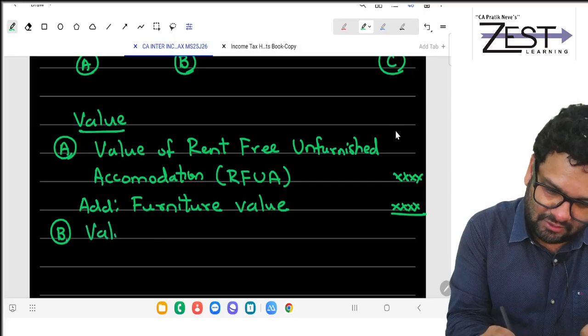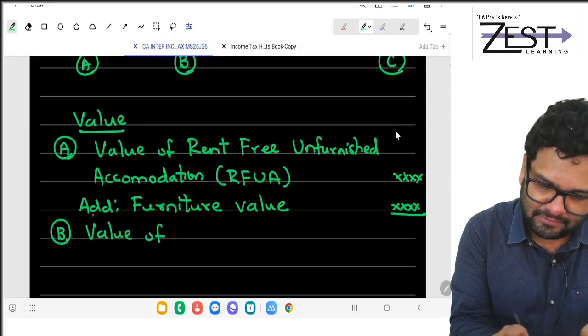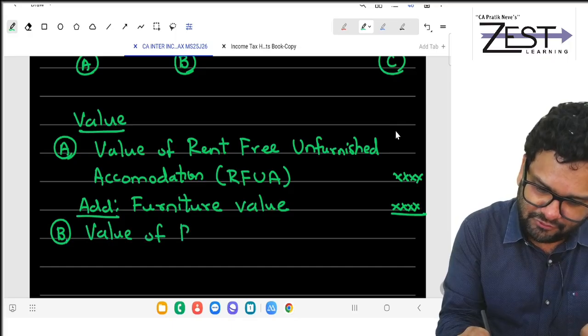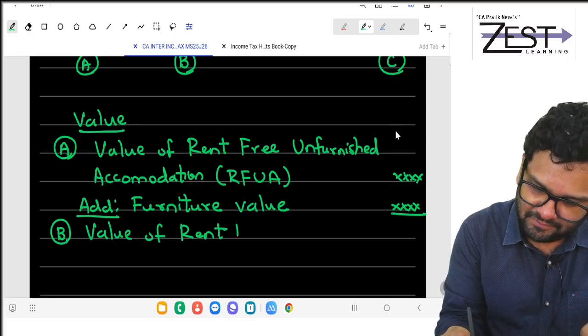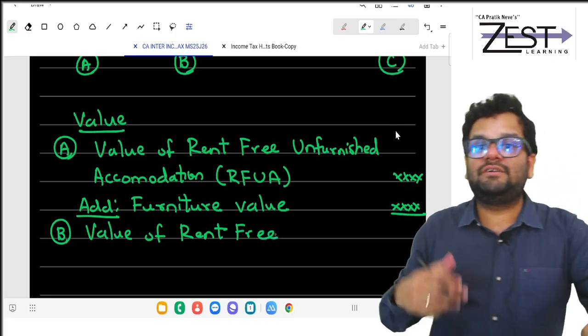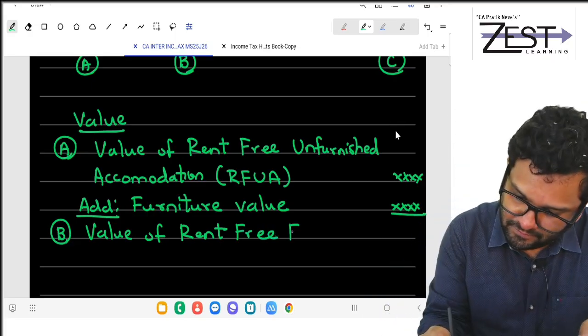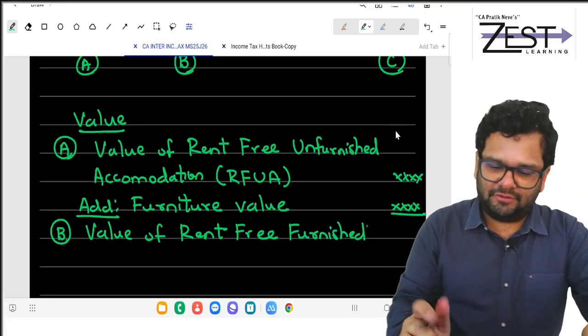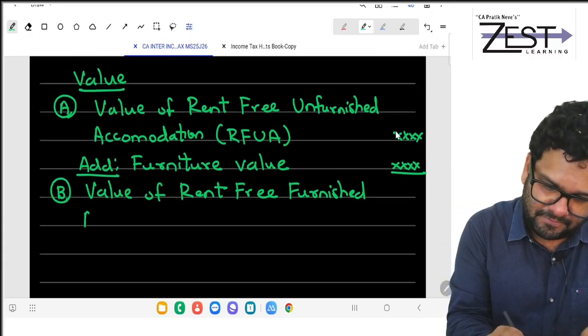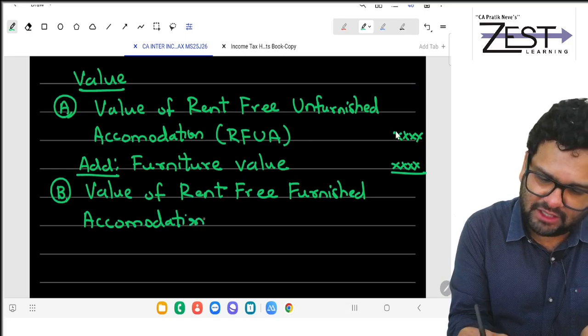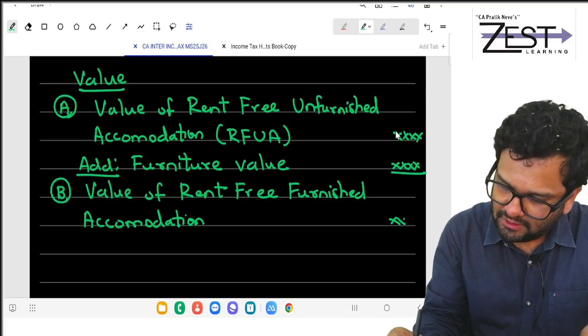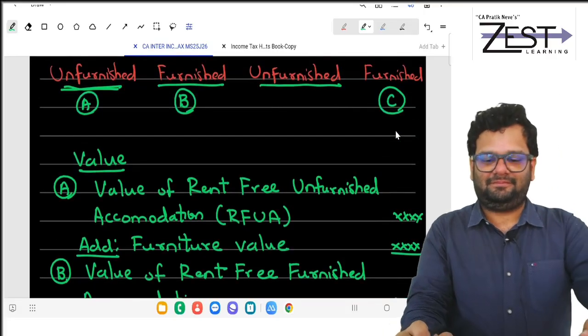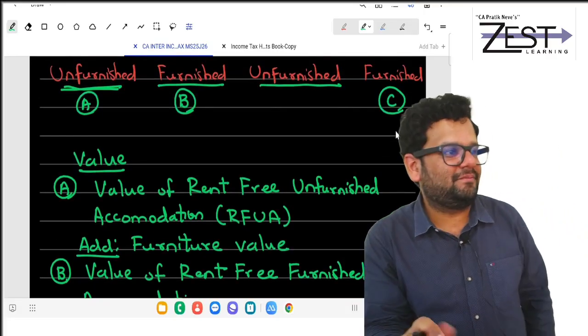Now you will get value of rent free. Still it is rent free. But value of rent free furnished accommodation. Check whether you have got that in your B point. That's what you wanted in B point.